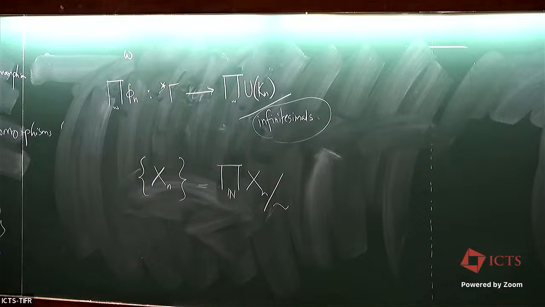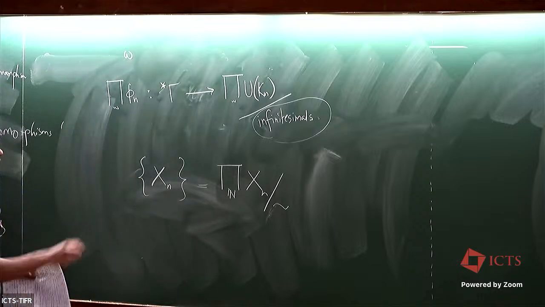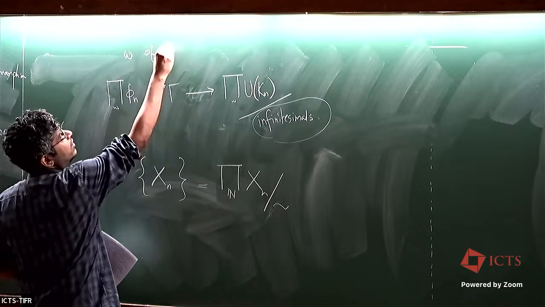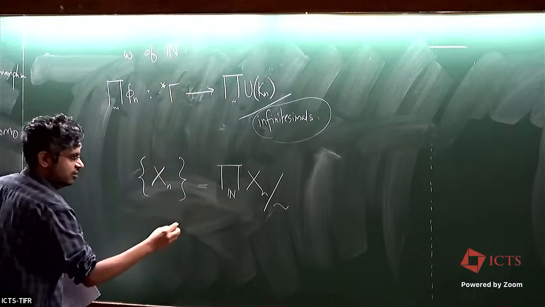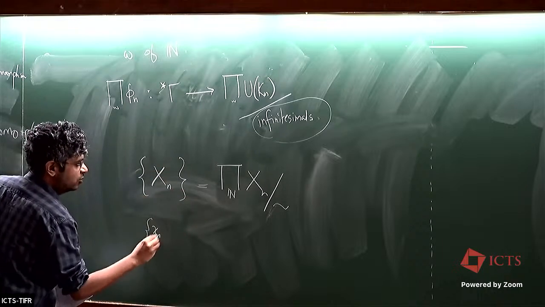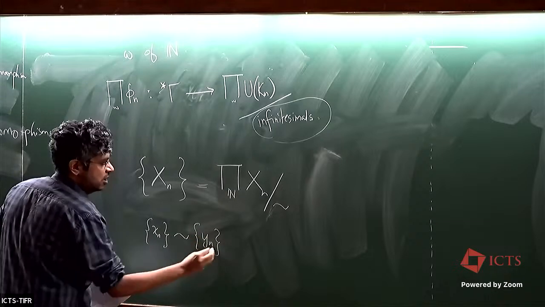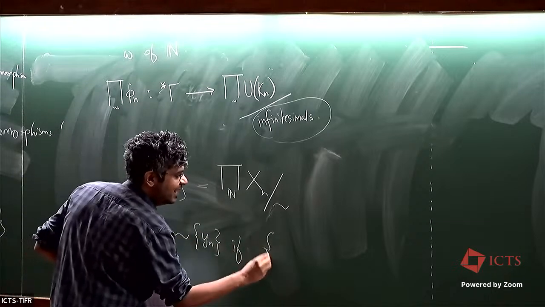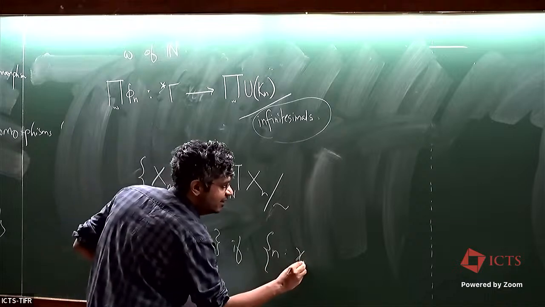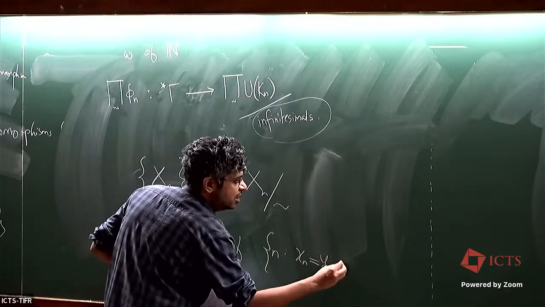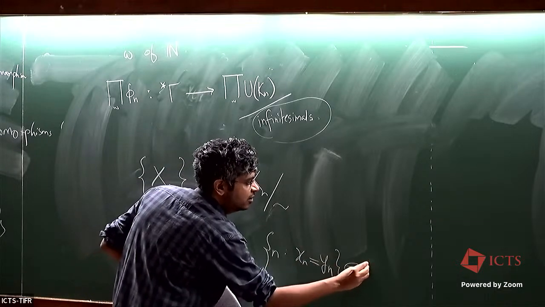So you have this ultra filter on n, right? Two objects xn and yn are equal if the set of n such that xn equals yn is in the ultra filter.